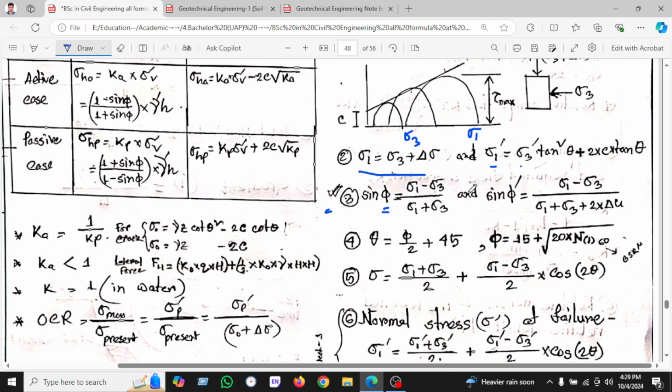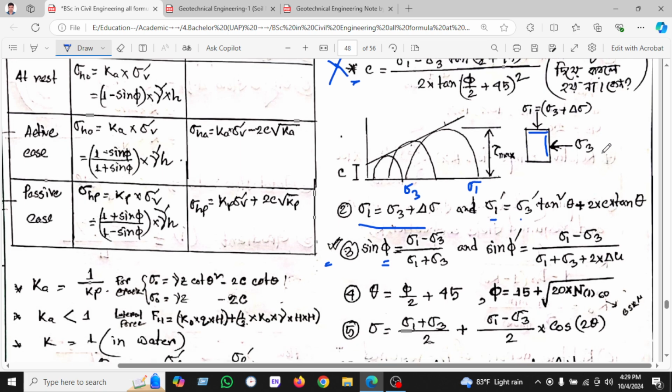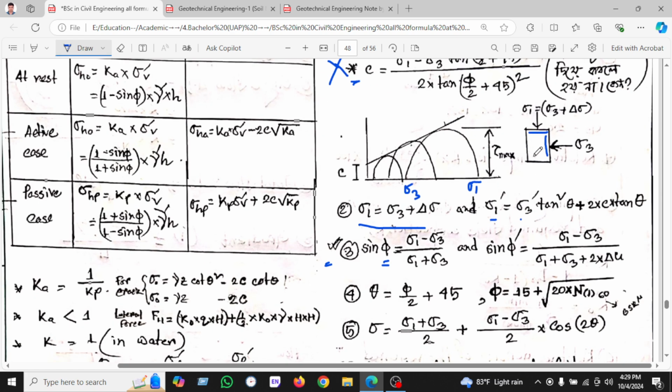The principal stress is vertical, and when the load is applied vertically the plane is a major stress, and when the load is applied laterally, then it is called normal stress. So this is the normal stress.